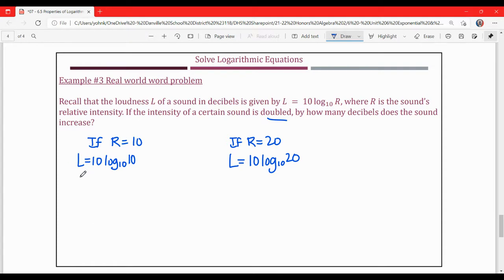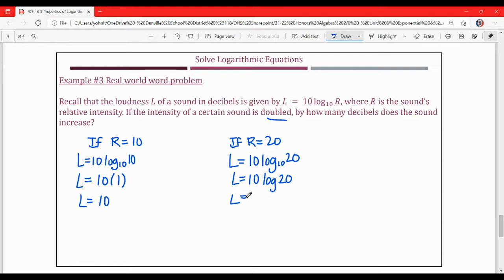So over here on the left-hand side, L equals 10. And remember, when the base is the same as the bigger number, that log equals 1. So here we have L equals 10. Over here on the right side, 10 log base 10 of 20, we can just do log 20 because that little 10 doesn't matter.